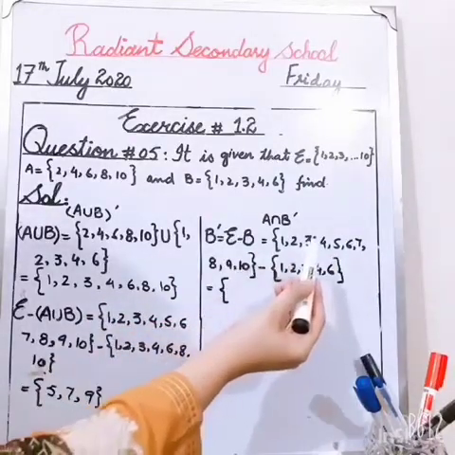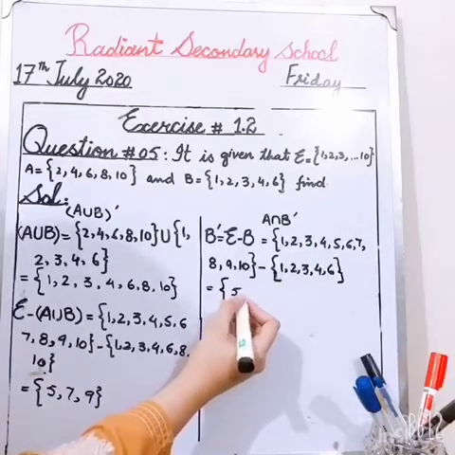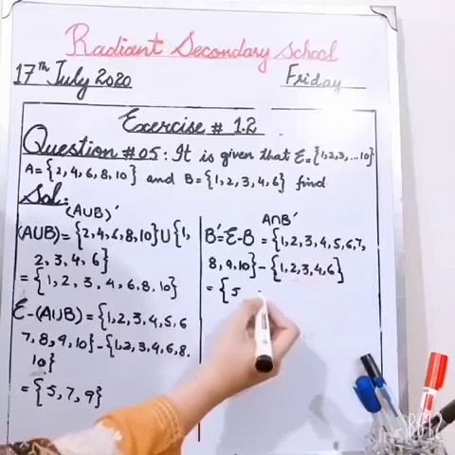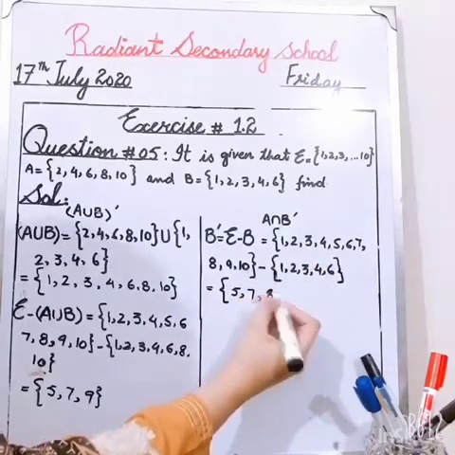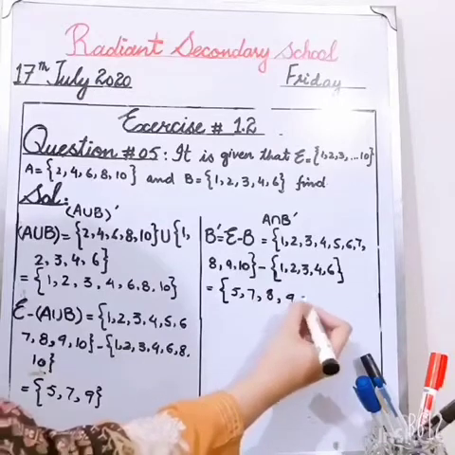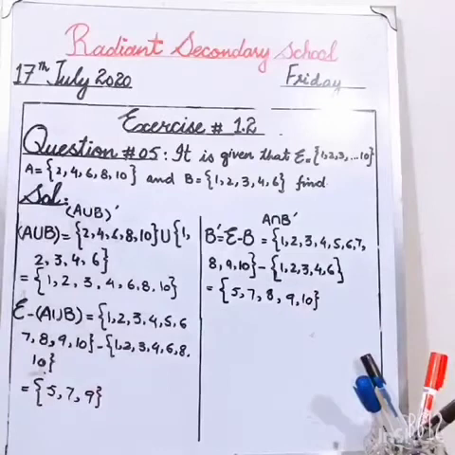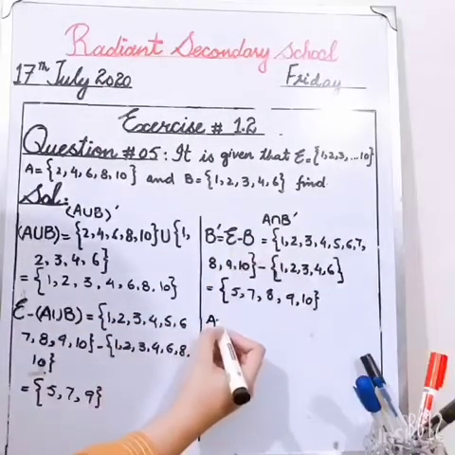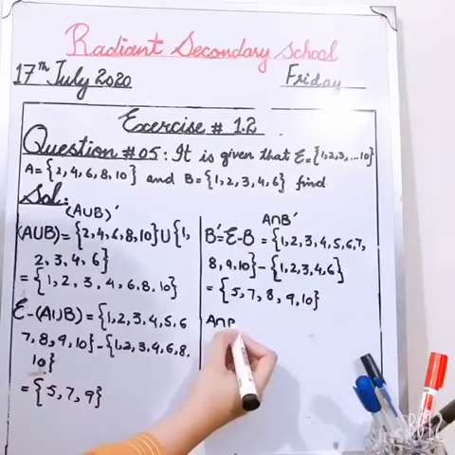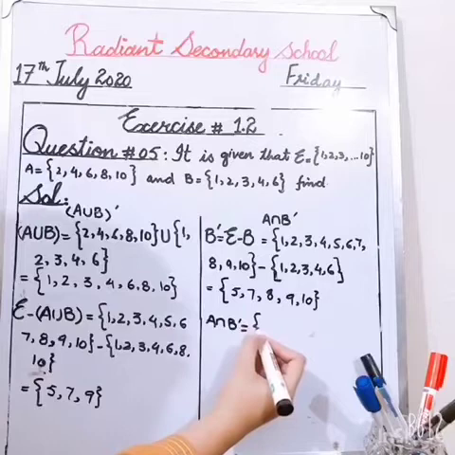1, 2, 3, 4 are present in both the sets. So, 5, 7, 8, 9 and 10 will be our answer. Now we have to do A intersection B complement, means the intersection between A and the answer of B complement.